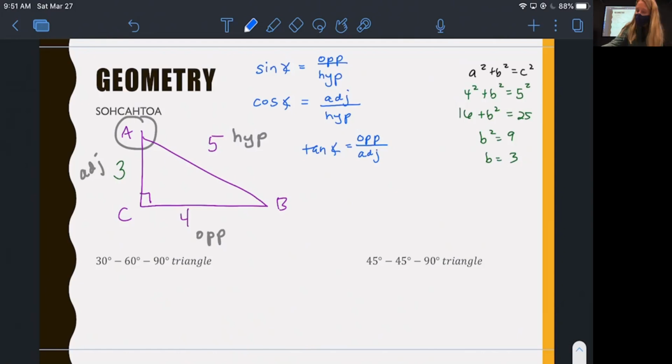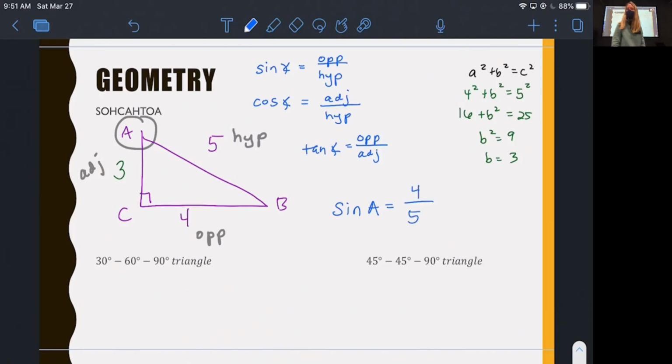So on the ACT, they could say, what's the sine of angle A? Well, sine is opposite over hypotenuse. So once your triangle is labeled, what's the opposite over the hypotenuse in that triangle? What's the fraction? What over what? 4 over 5.